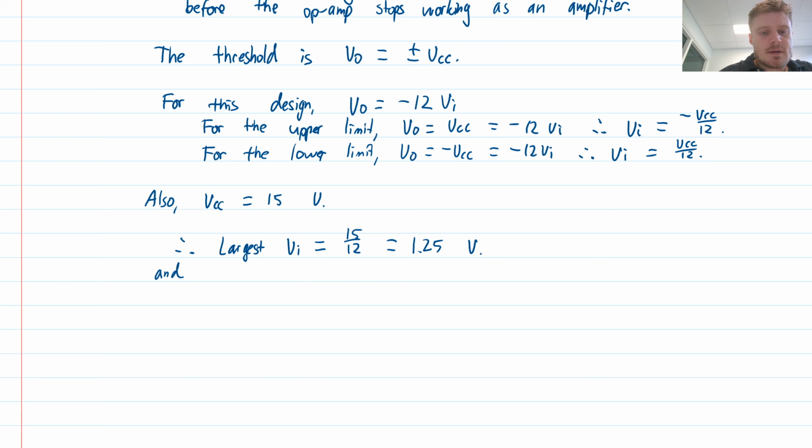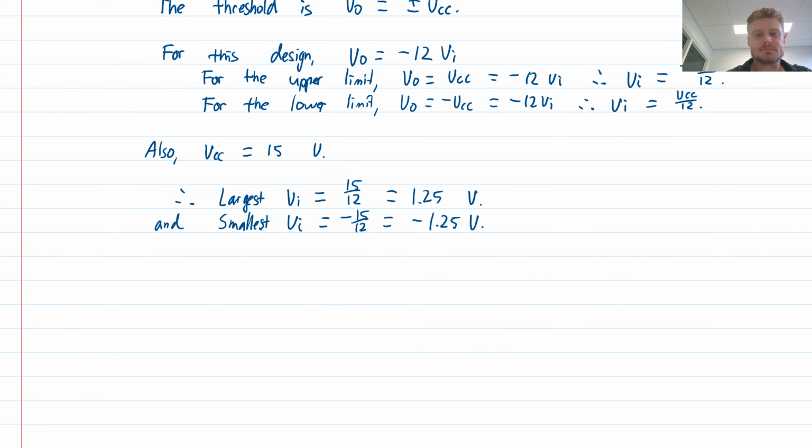And the smallest, or most negative, V in would be negative 15 over 12, which would be negative 1.25 volts. So what this means is that the signal must remain inside of this range.